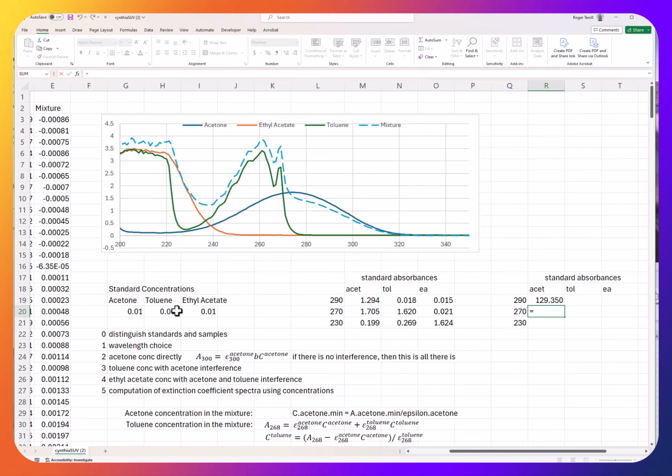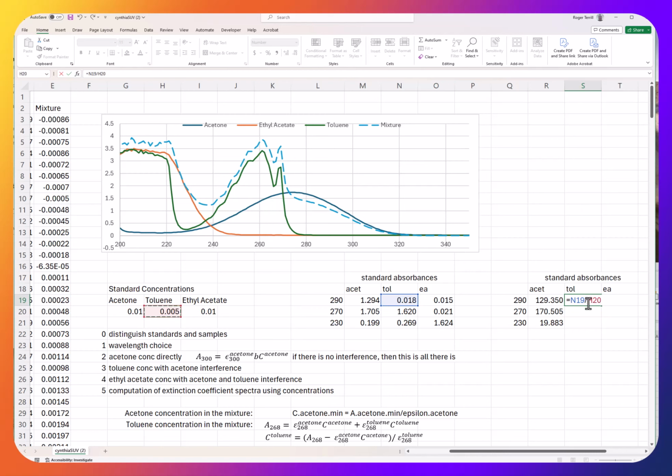This will equal this divided by this. And this will equal this divided by this. And then toluene, that will equal this divided by this.